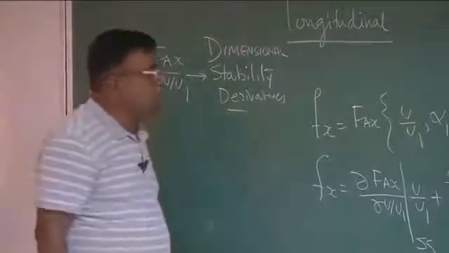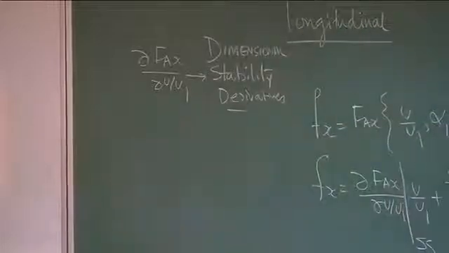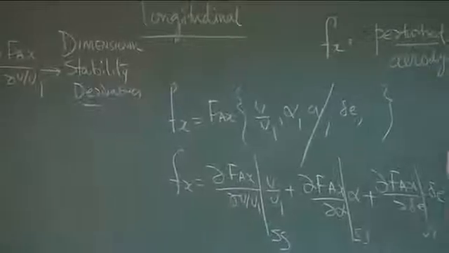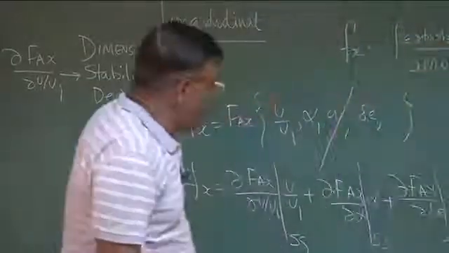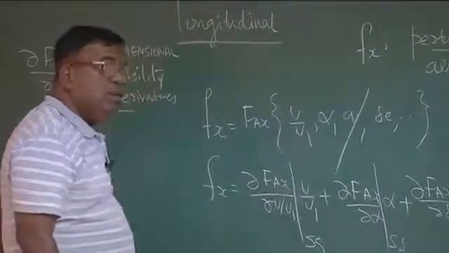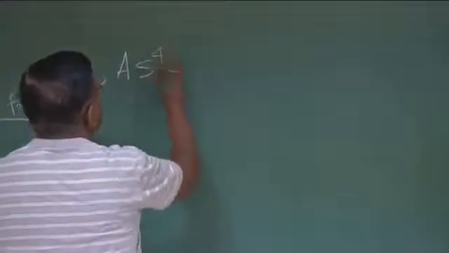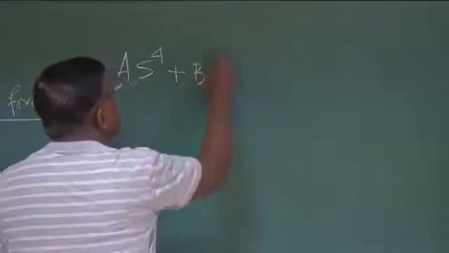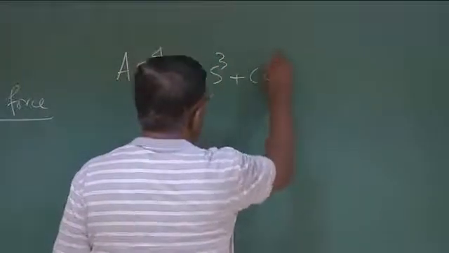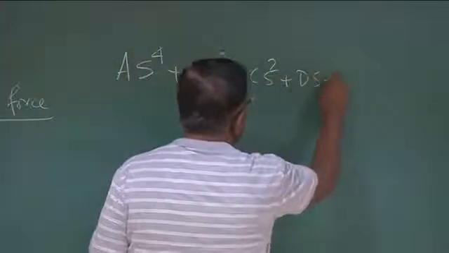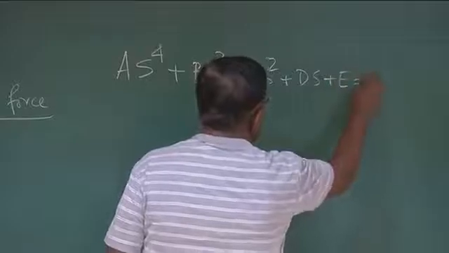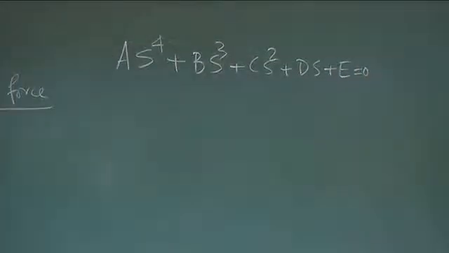Then what we realized, once we develop the equations of motion, which are called longitudinal perturbed equations of motion, we took Laplace transform, right? And through Laplace transform, we developed equations of the form A s to the 4 plus B s cube plus C s square plus D s plus E equal to 0, right?